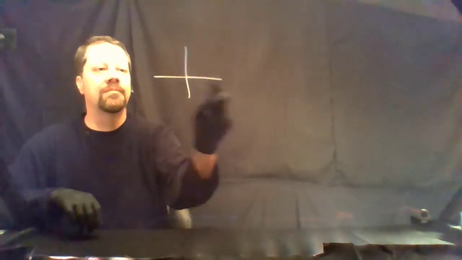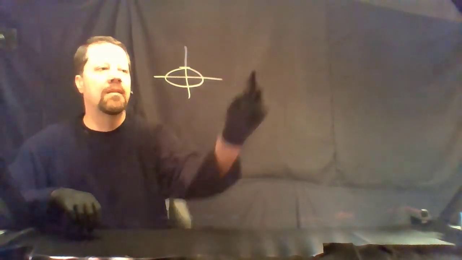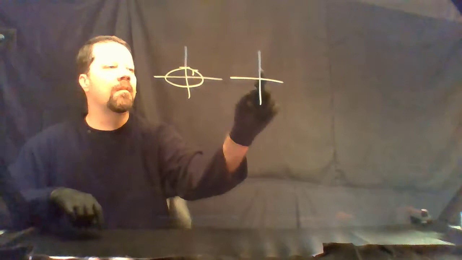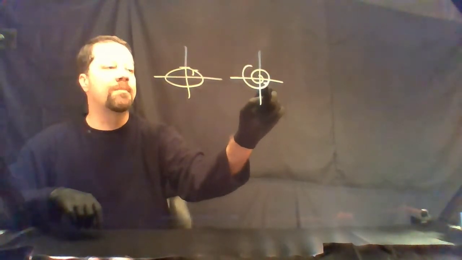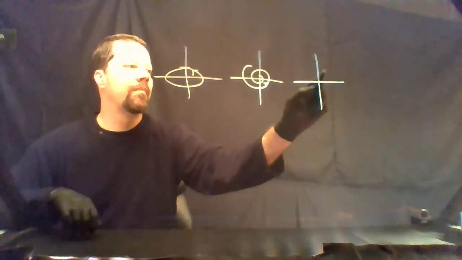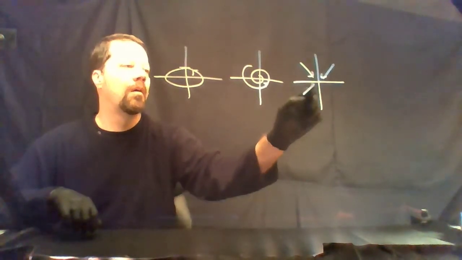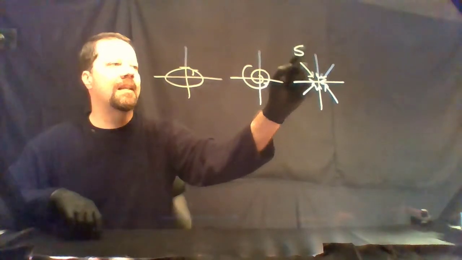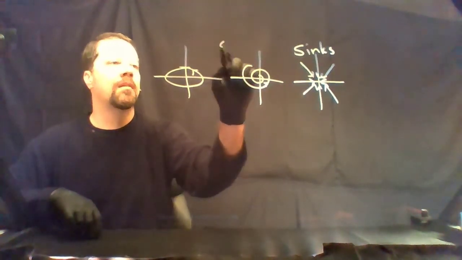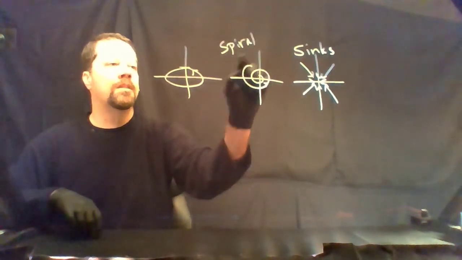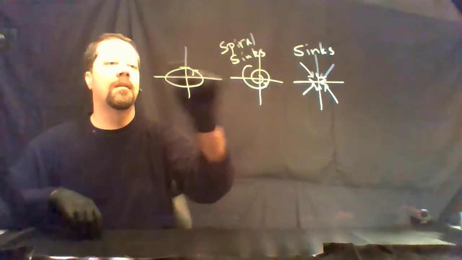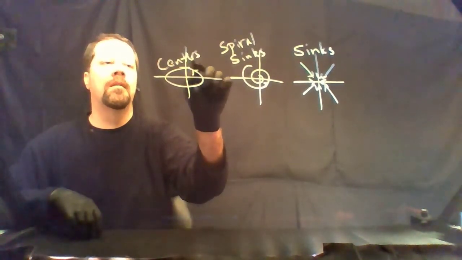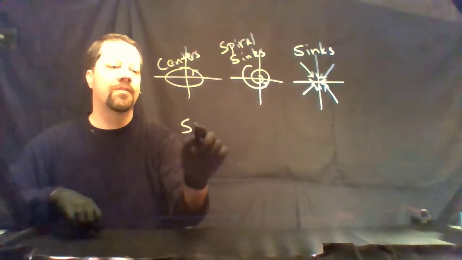From our experience with linear systems, we see that centers are stable, but so are sinks and spiral sinks. So sinks, spiral sinks, and centers are all stable.